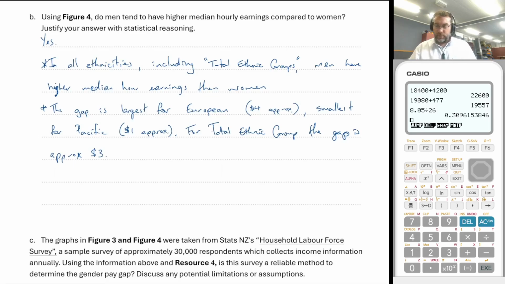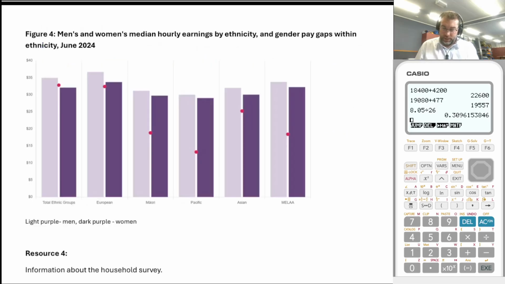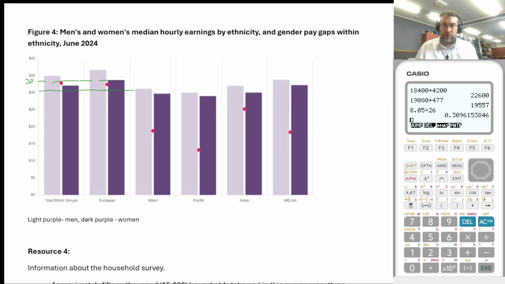In this case, it's the fact that if we look at the Māori earnings and the European earnings, we can see that the women in the European ethnicity actually have higher earnings than the Māori men do. So we can see here that the European women is about $33 and the Māori men is about $30.